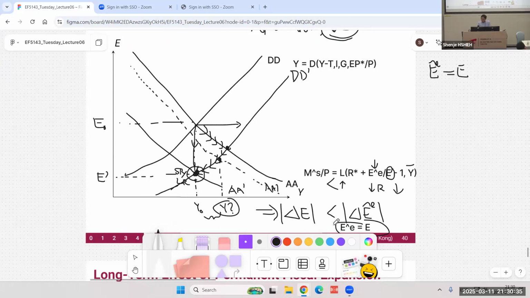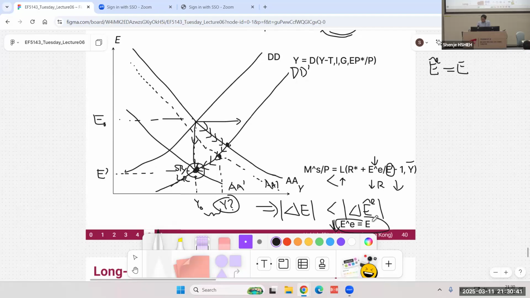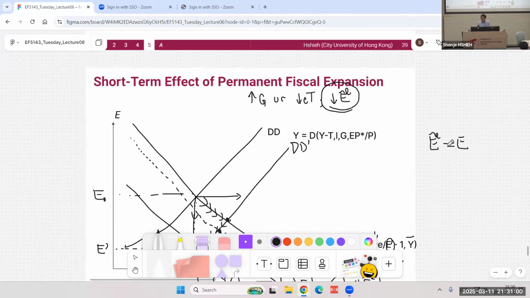If E hat E decreases by a lot, and E decreases by a little, then the difference is a small number minus a big number, right? Because this one's really small, like say it's 0, and this one changed by something smaller, say it's 1. So 0 minus 1 is negative.